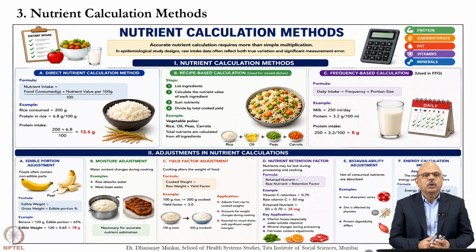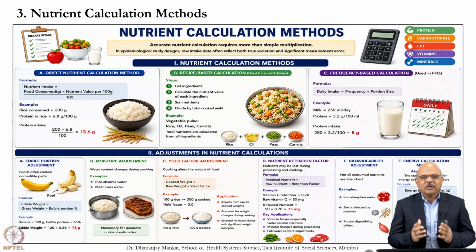Now we will talk in more detail about nutrient calculation methods. When you talk about protein, carbohydrate, fats, vitamins and minerals, you need to think about the calculation for their part. So accurate nutrient calculation requires more than simple multiplication.